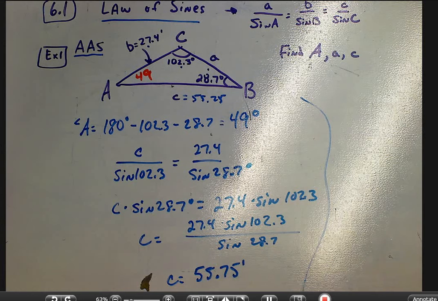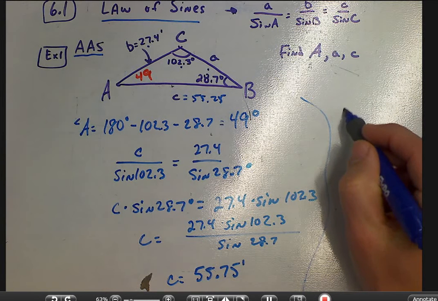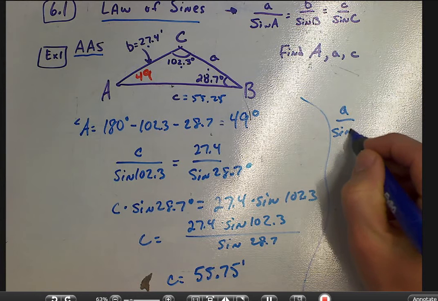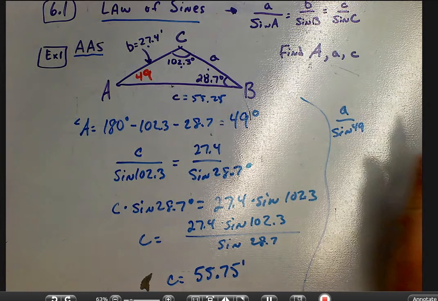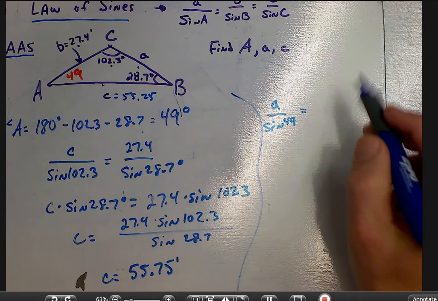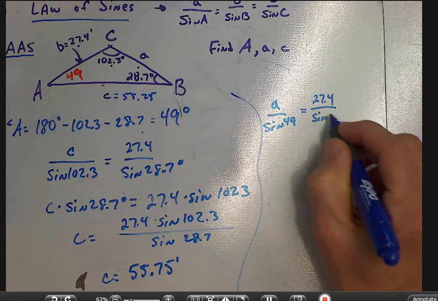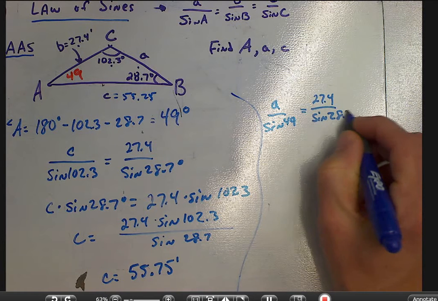To find side A, well, it will be side A over the sine of angle A, which is 49, equal to, and go back and use side B again, 27.4 over the sine of 28.7 degrees.